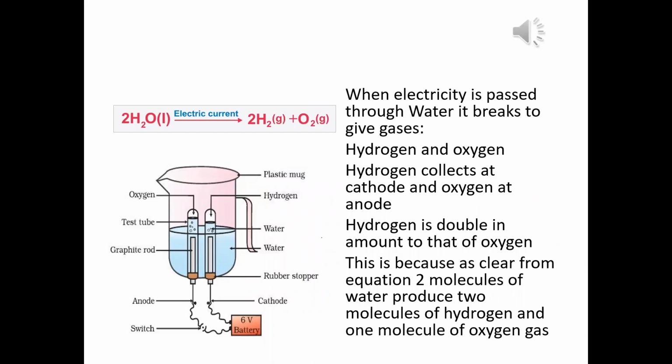So when electricity is passed through water, it breaks to give hydrogen and oxygen. This slide is very important. Hydrogen at cathode, because H is plus, so it goes to the negative terminal. Oxygen at anode, and hydrogen is double in amount to that of oxygen. This is because 2 molecules of water give 2 hydrogen molecules and 1 molecule of oxygen.